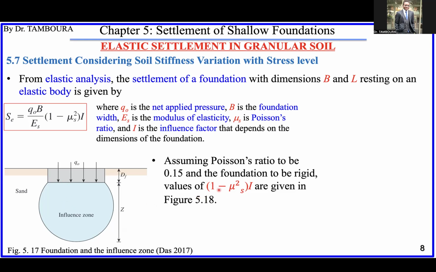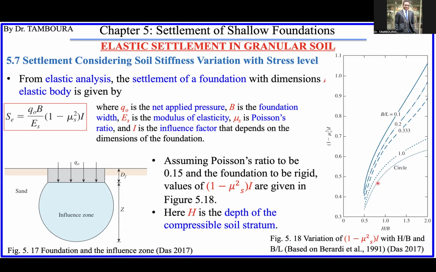So if we consider that this foundation is rigid, then we can estimate this, which is in this equation, using this figure, okay? And the H is the depth of the compressible soil stratum.